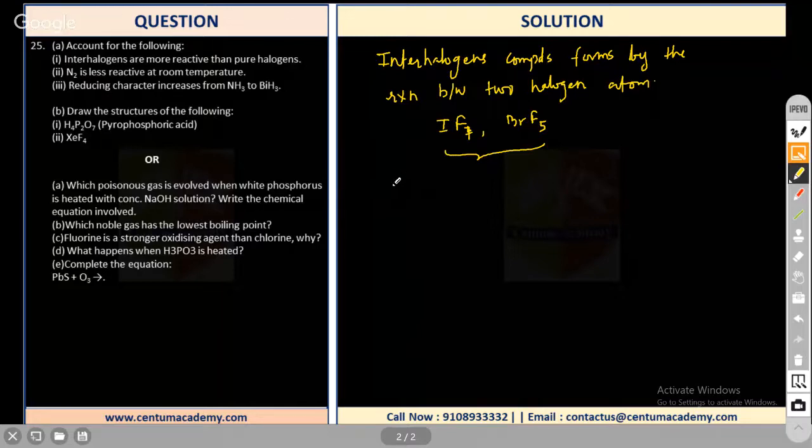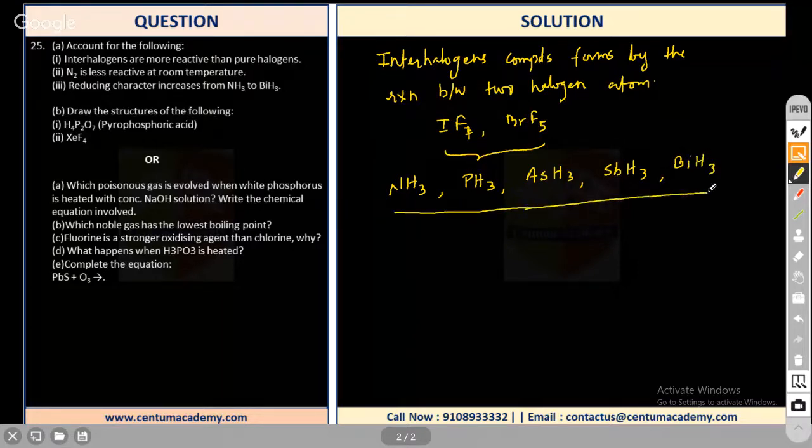And the stability of hydrides like NH3, PH3, AsH3, SbH3, and BiH3 decreases as we go down the group, right?